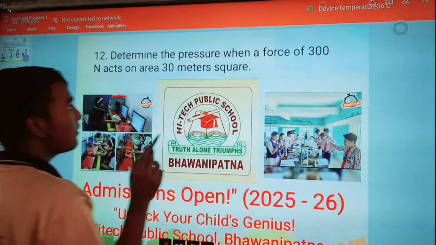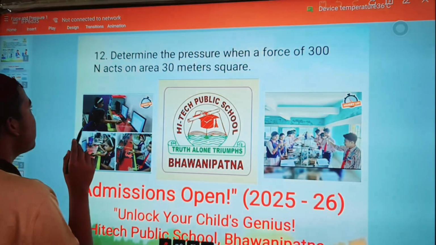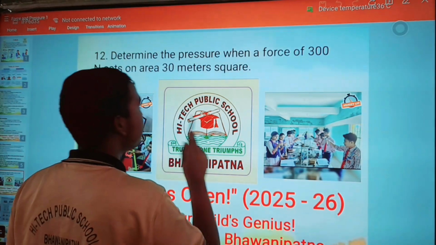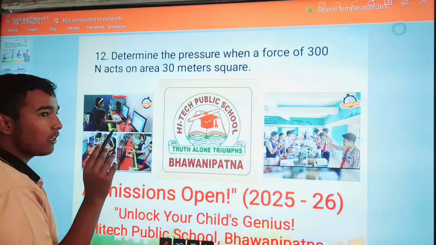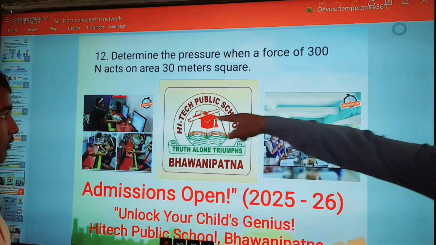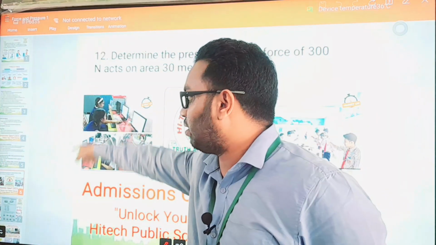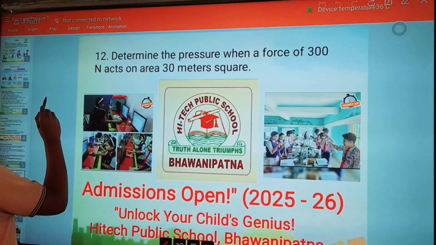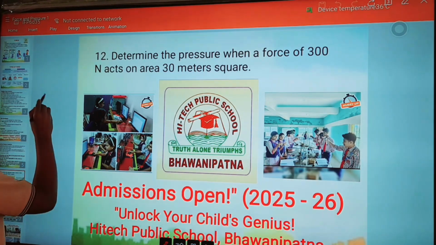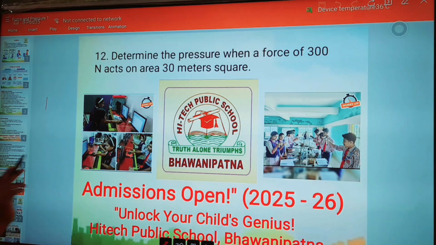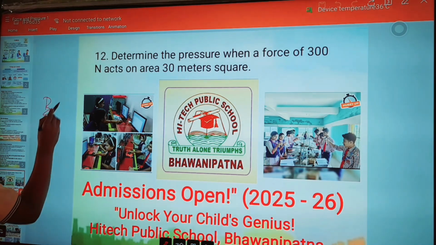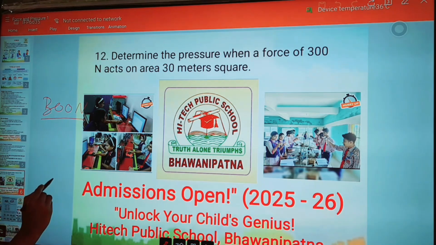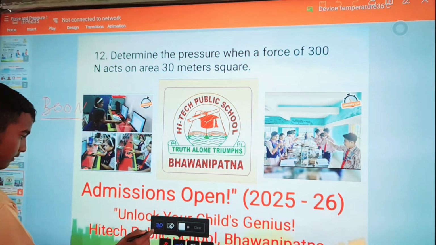Determine the pressure when a force of 300 Newton acts on an area of 30 meter square. You can calculate on this side. Calculate here, because the formula of pressure is force per unit area. Very good. That means 300 Newton.